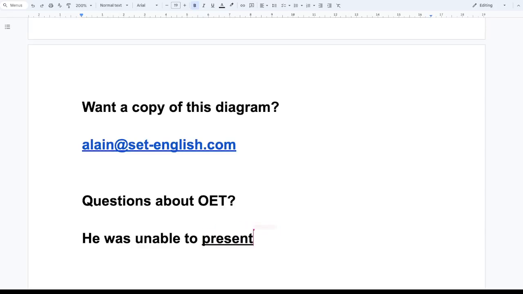So again, you have the same verbs here. You cannot say unable to admit, because it needs passive and we cannot use it. But we can say present, return, visit. Don't say come. Come is slightly informal, okay?